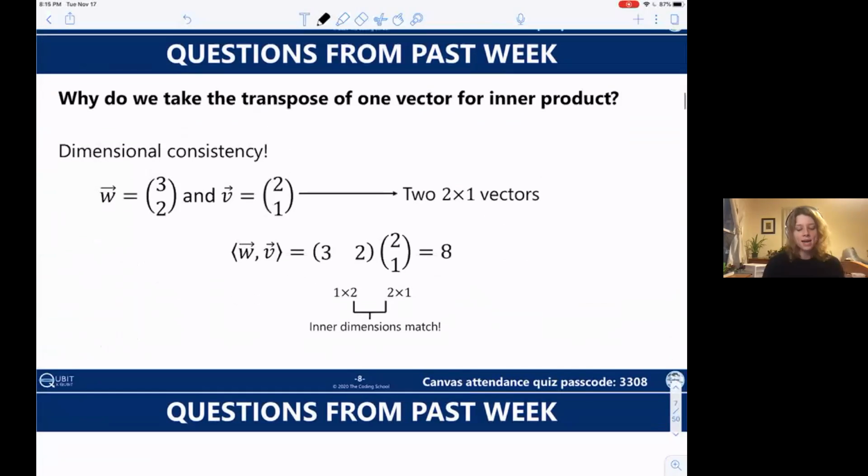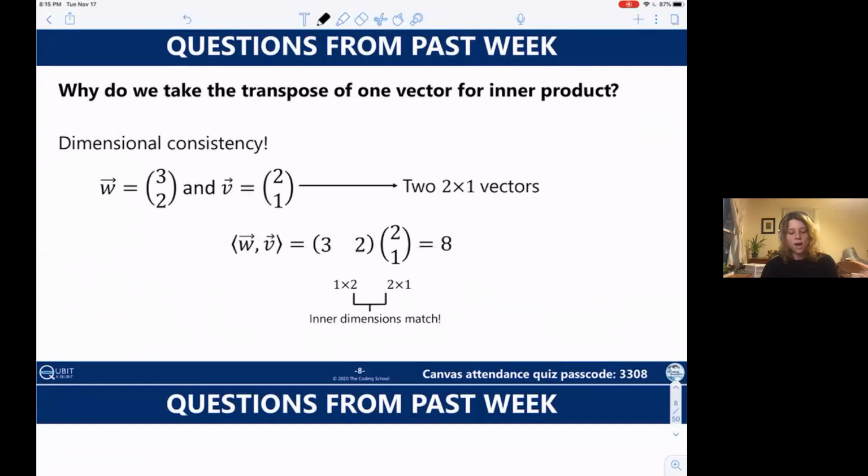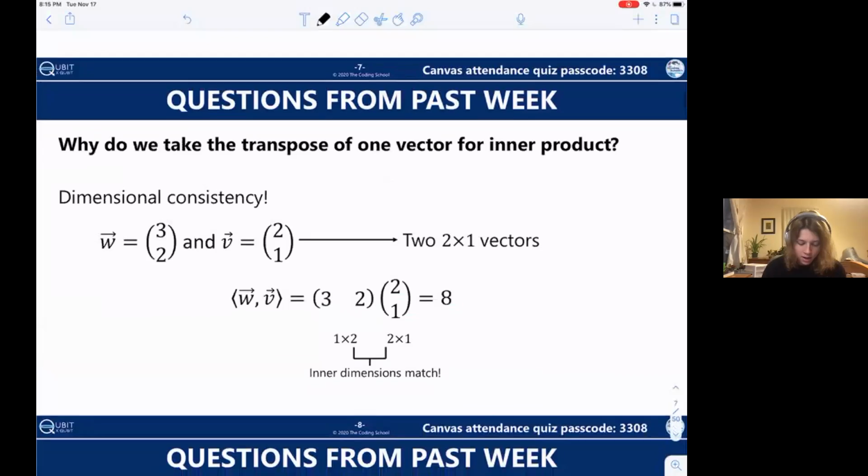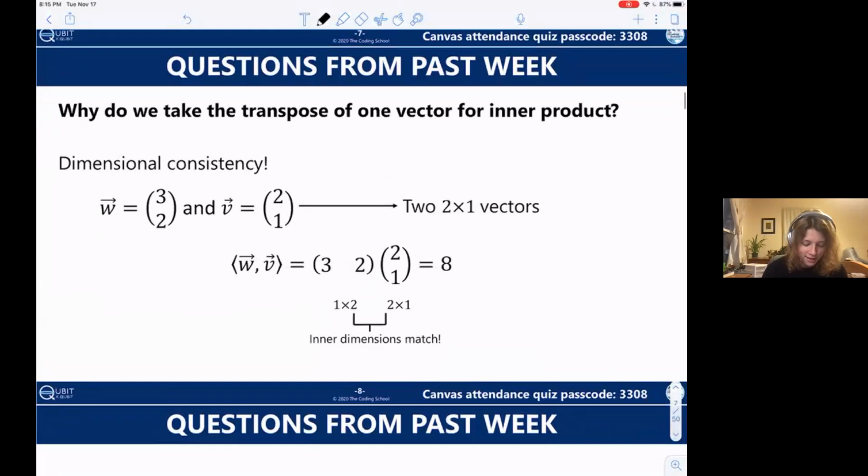Okay, and then the next question was why we take the transpose of one vector for the inner product. This is just for the purposes of being consistent with the way that we do notation for higher dimensional objects like matrices.